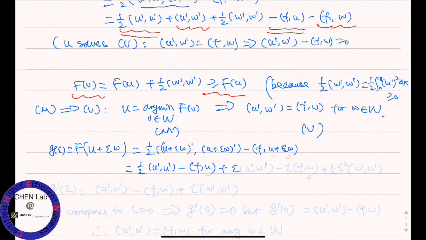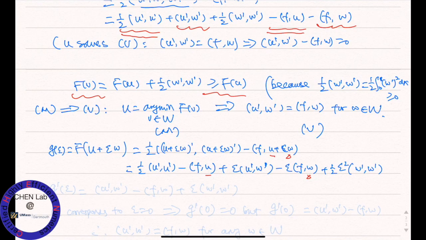First we minus f(u), so you have epsilon (u', w') minus epsilon (f, w), and then plus 1/2 epsilon squared (w', w'). We do foiling on the u plus epsilon w.